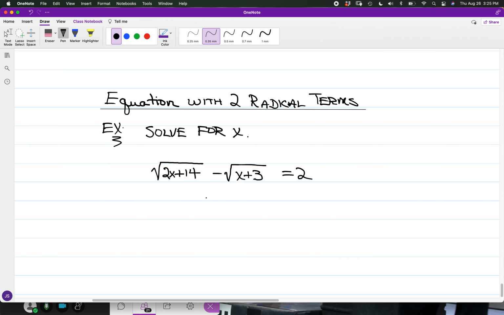So notice we have two separate radical terms: the square root of 2x plus 14, and the negative of the square root of x plus 3.